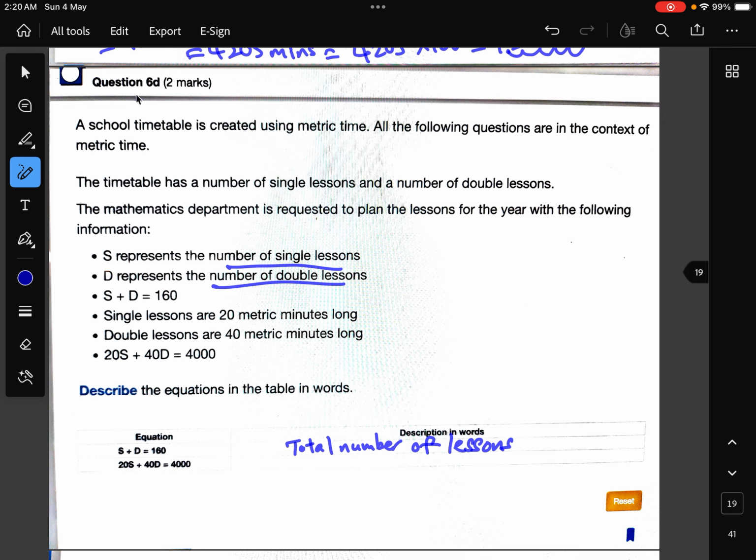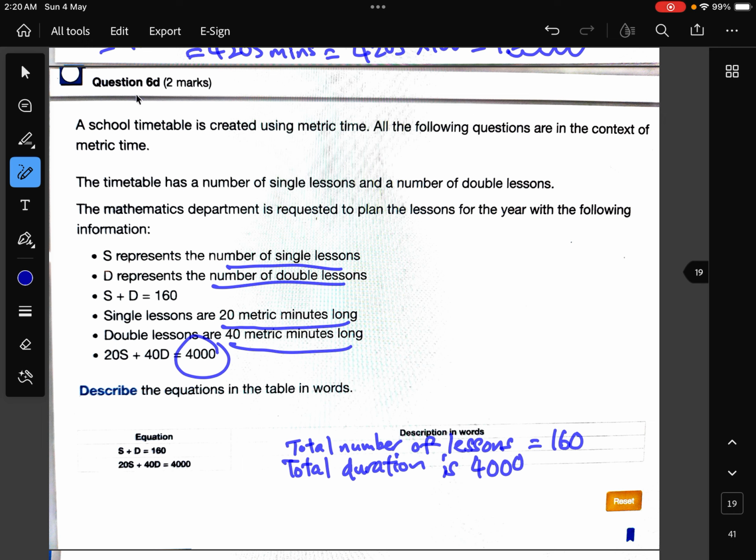So single sessions basically is 20 metric minutes long, double sessions 40 metric minutes long, and when you add both of the time together is 4,000. So what we could say is that the total duration, sorry, this should be 160, and the total duration is just simply going to be 4,000 in this case.